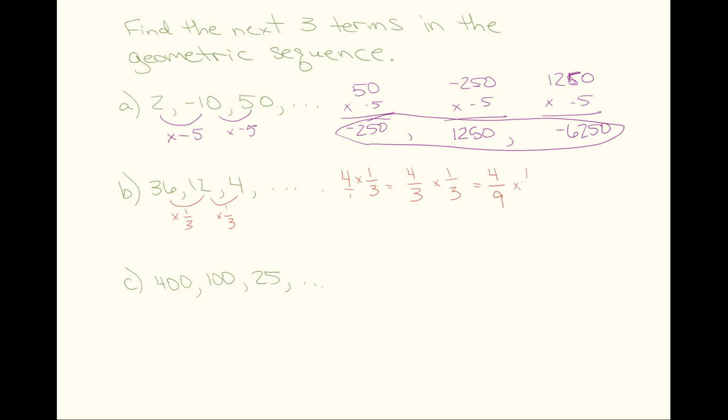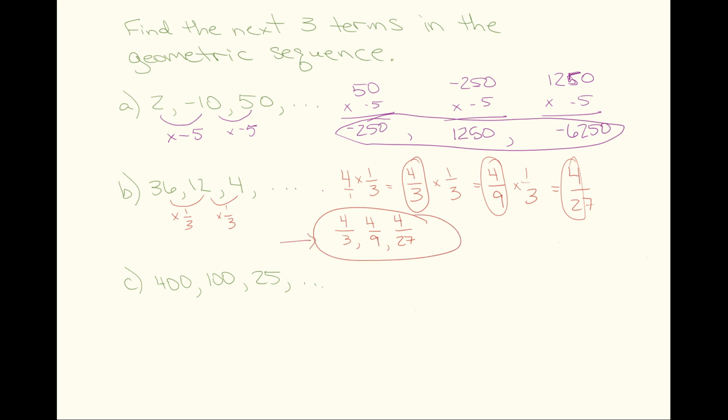Then 4/9 times 1/3 would be 4 over 27. So the next three numbers in the sequence would be 4/3, 4/9, and 4/27. And my students, please write it like this in your final answer.